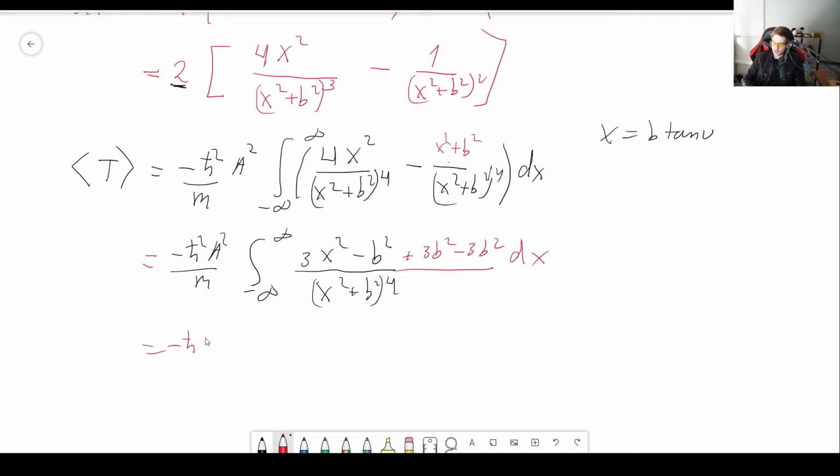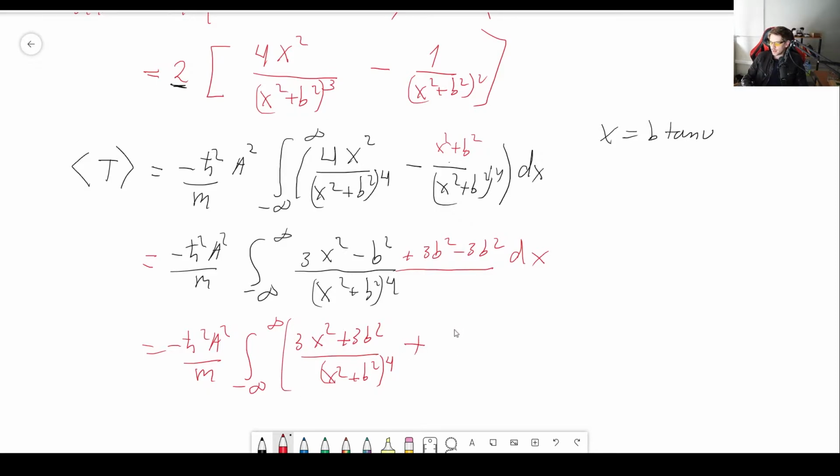So we get minus h bar squared a squared over m, integral of minus infinity to infinity. And now let's separate this. So we get 3x squared plus 3b squared over x squared plus b squared to the 4th power. And then we get a second integral.